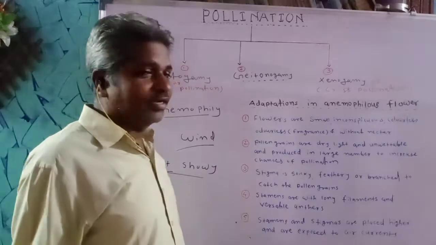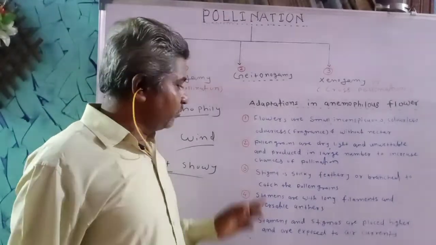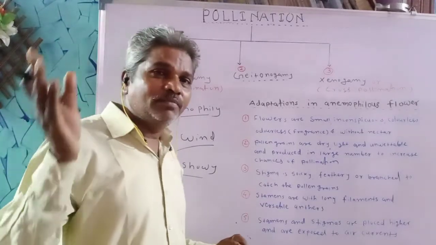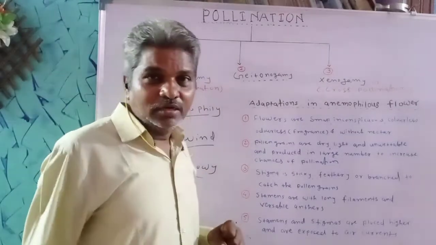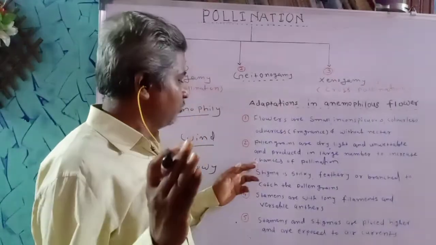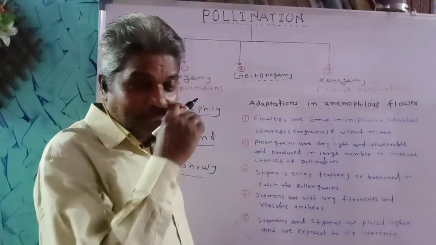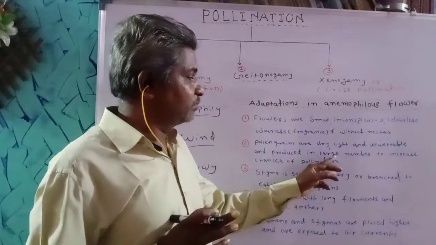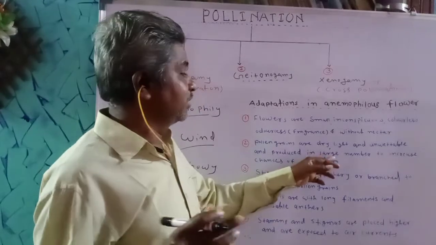When these pollen grains are carried from anther to the stigma through different agencies like wind, a large number of them are wasted. Some are destroyed, and some are also eaten by agencies like insects.